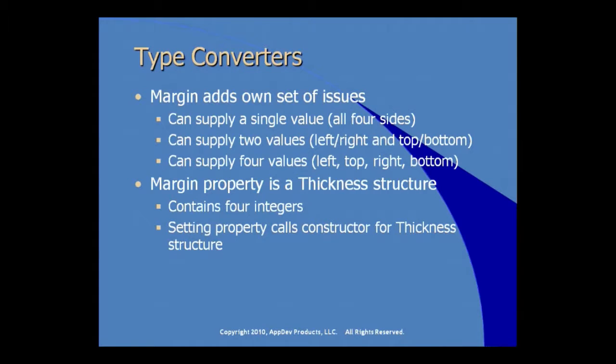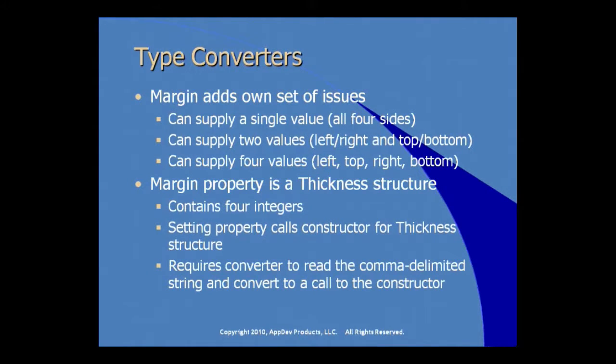It also converts them from a string into integers. Somewhere there has to be a converter to read that comma-delimited list of strings and convert to a call to the constructor for that class. You can create your own type converters as well. This one is built into the .NET framework.